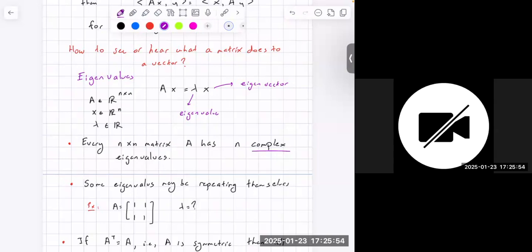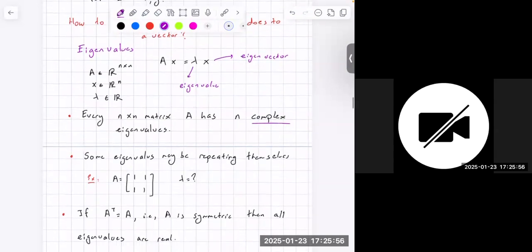Okay. For symmetric matrices, all the eigenvalues will be real. What's a symmetric matrix? If you take the transpose, and that doesn't change anything at all, that's a symmetric matrix. Here are the diagonal entries, right? And whatever you have off diagonal, the same thing will appear on the other side. It's going to be literally looking symmetric.